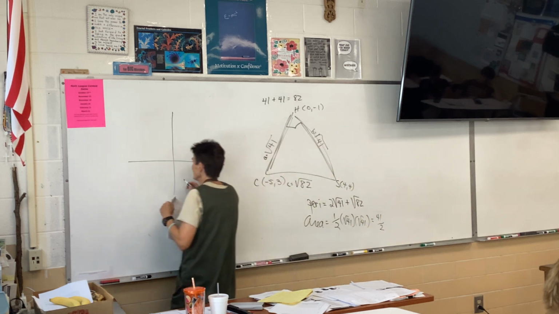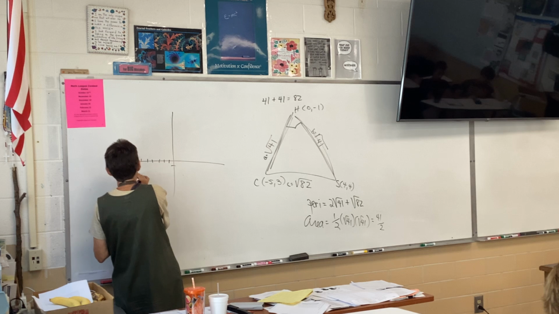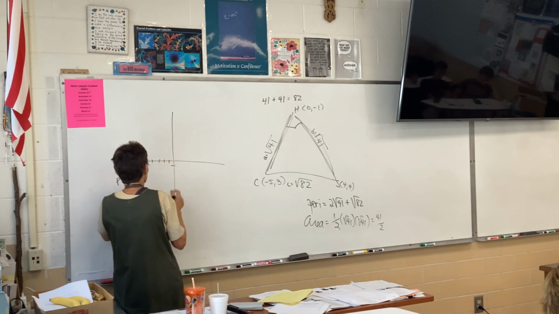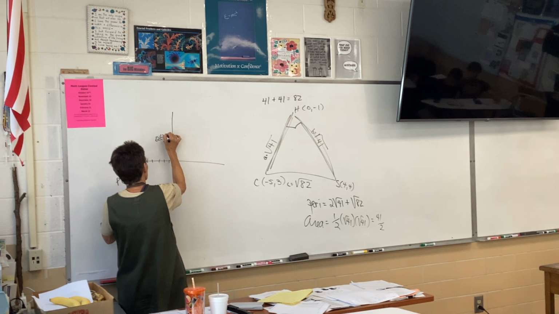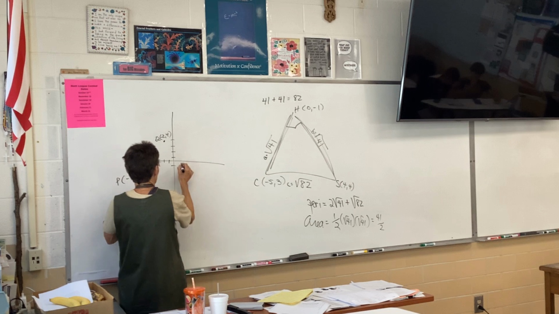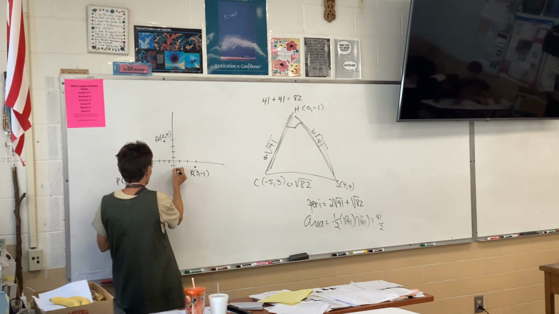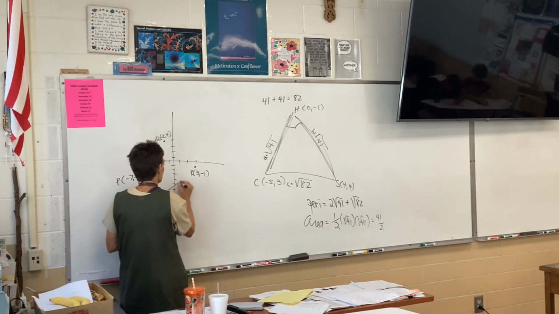So -7, -1. Doesn't have to be perfect. I'm just trying to get some sense of what it looks like. -2, 4. So here's my quadrilateral.